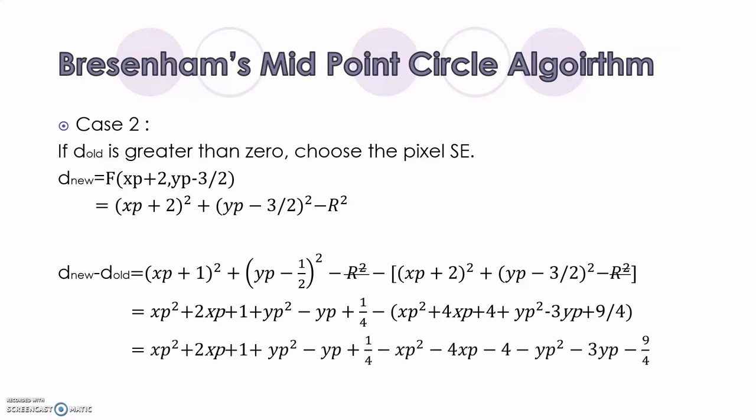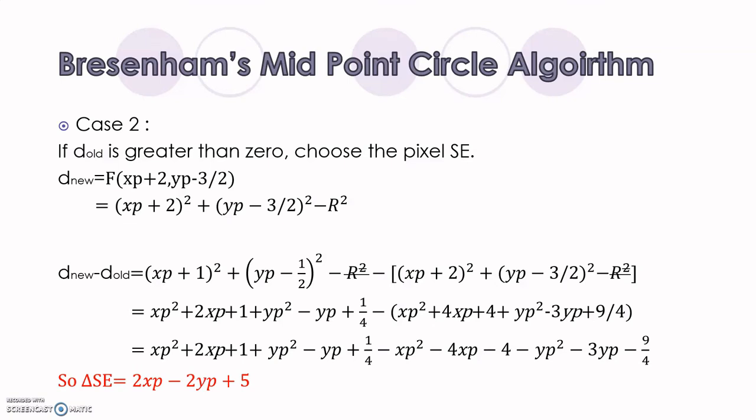From this, we can calculate delta SE. Delta SE is 2xp minus 2yp plus 5. So if D old is greater than 0, we choose the SE pixel and add delta SE, 2xp minus 2yp plus 5, to D, and we will increment x and decrement y.